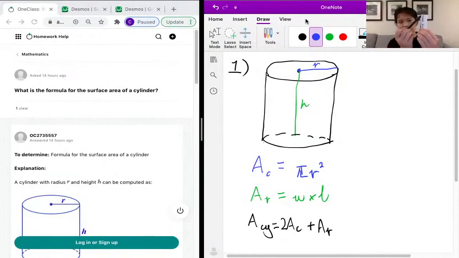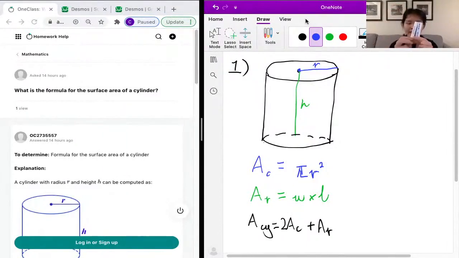First you would know that the width of the rectangle, or the height of the rectangle, depending on how tall the cylinder actually is, or in this case, it's our width. Our width is just the height of the cylinder, and our length is actually the circumference of our circle at the top.